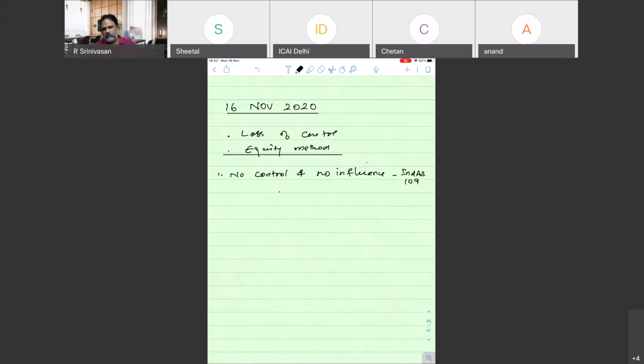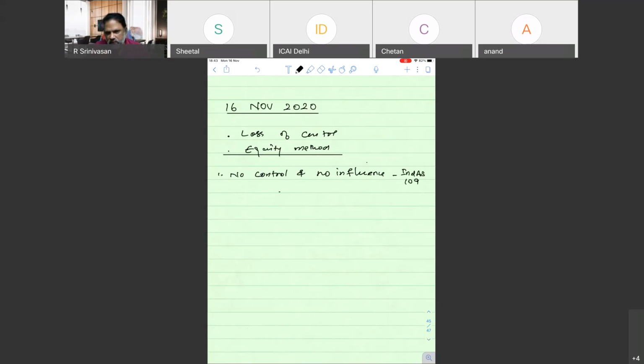No control, no influence. Just we have made the investment. We don't have any control. So we have to follow Ind AS 109. What is 109? Ind AS 109 is financial instruments.